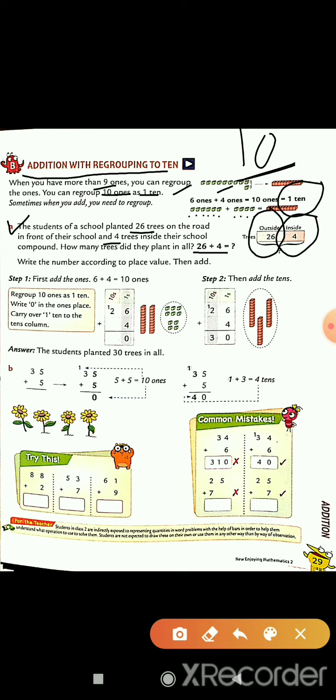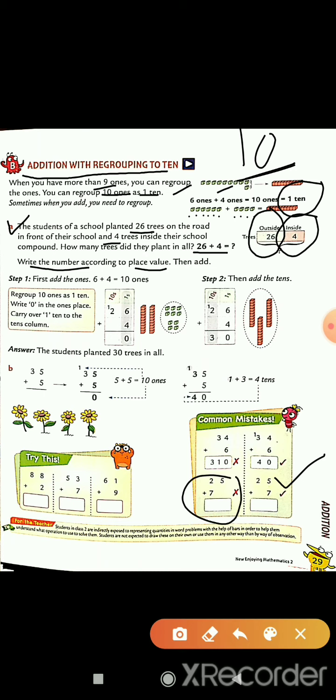So first and the foremost thing is we need to write the number according to their place value. It is very important that we write according to their place value and then we add. Generally, students make some common mistakes like this: 25 plus 7, where the 7 is written at the place of tens.